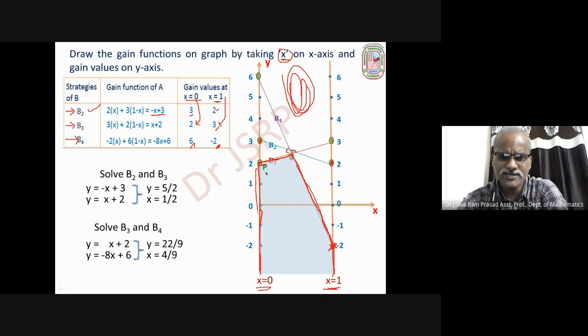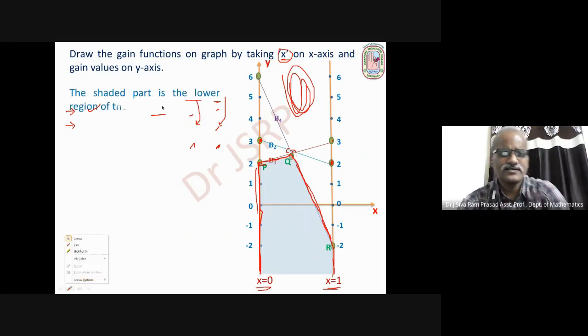Let the intersection points be P, Q, R. The shaded part is the lower region of the graph.